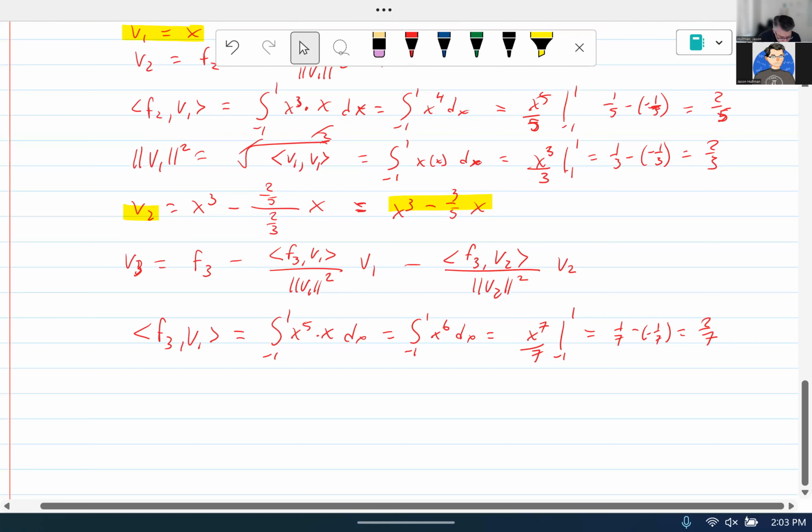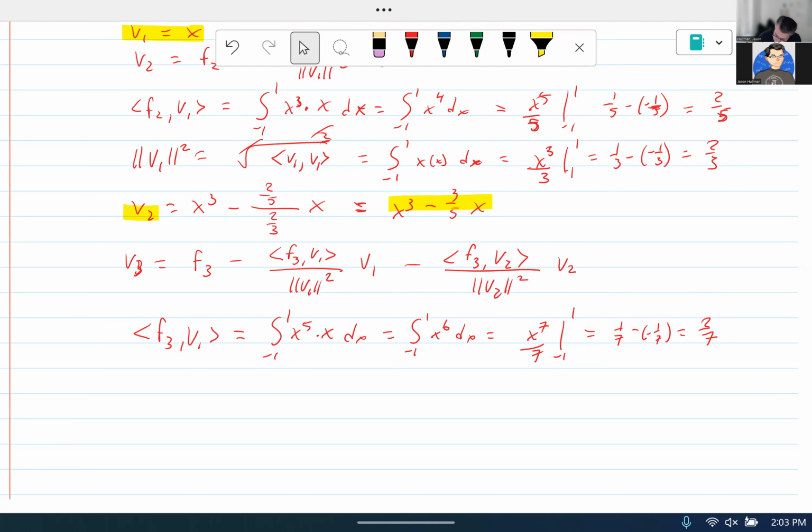So what is F3 with V2? This is going to be the integral from -1 to 1 of x to the 5th times V2, which we calculated to be x cubed minus 3/5 x, dx.